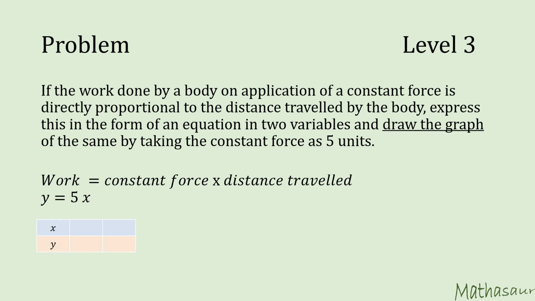Now we have to draw a graph. So let us get a table for x and y and try a few values of x. Let us start with x equals 0. Substituting this value in y equals 5x, we get y equals 0. Let us take another value. Let us take x equals 1. So we get y equals 5 times 1 or 5.